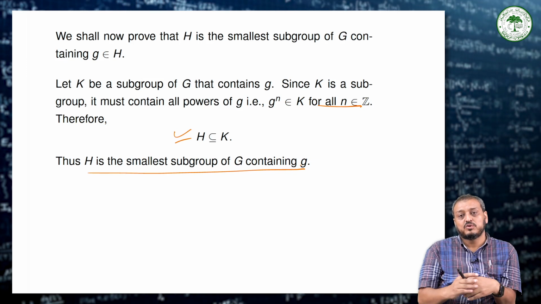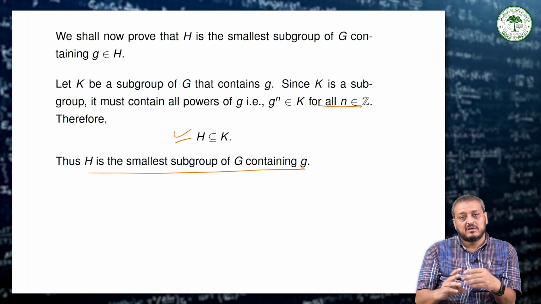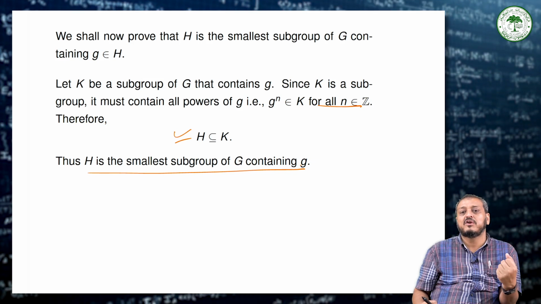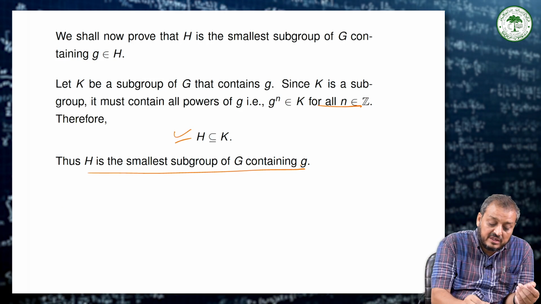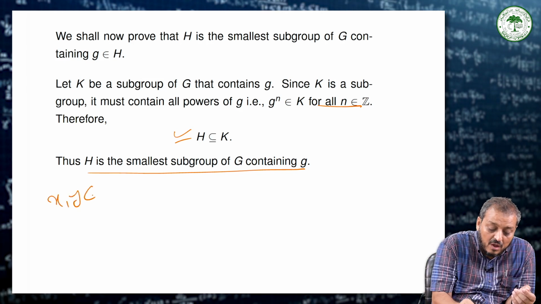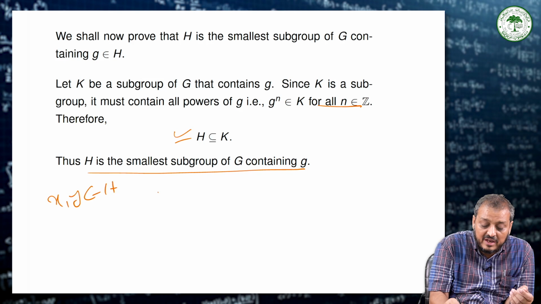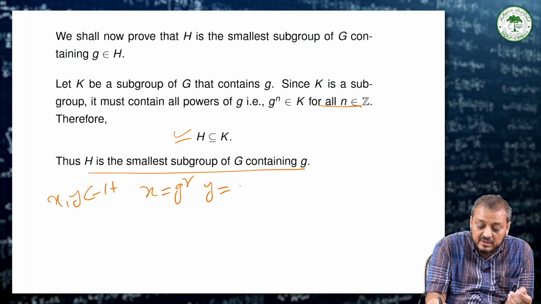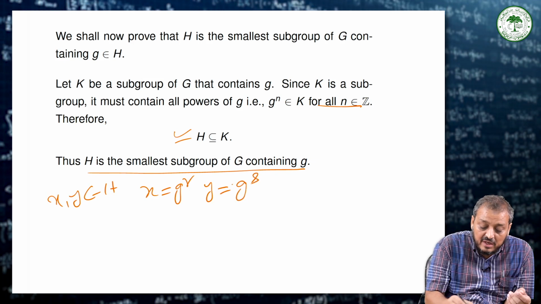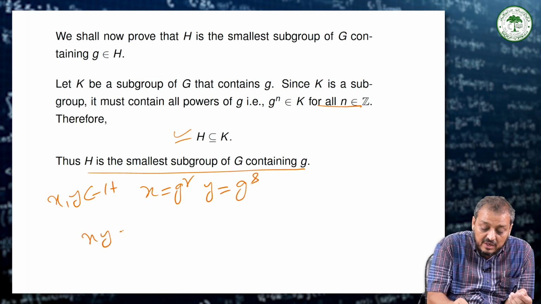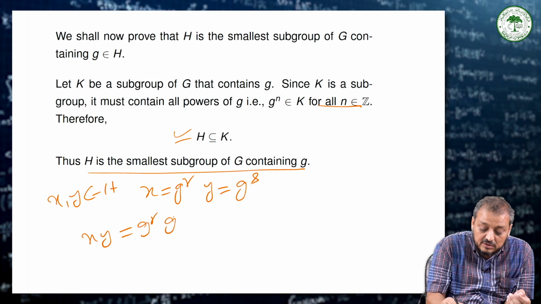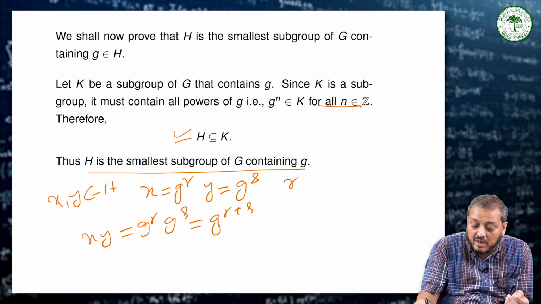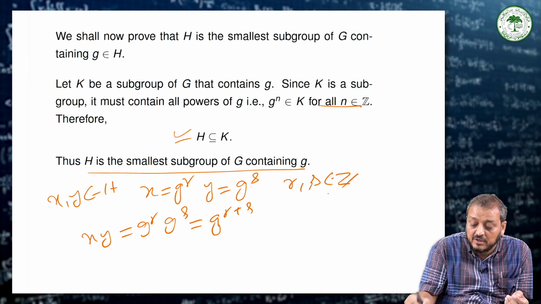Now finally we have to show that this H is abelian. So we take any two elements x and y of H. Then x can be written as g to the power r, and y can be written as g to the power s, and then xy can be written as g to the power r times g to the power s, which is g to the power r plus s, where r and s are some integers.